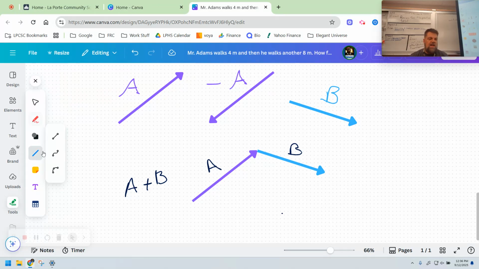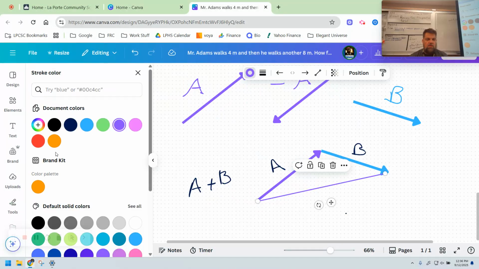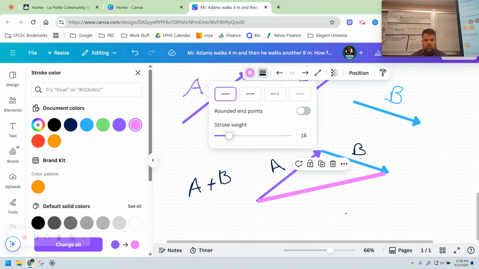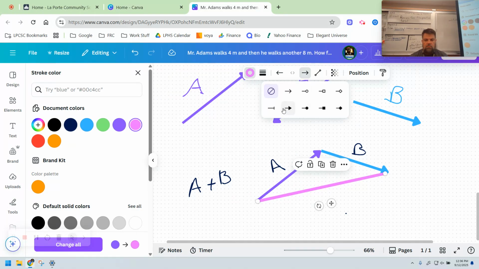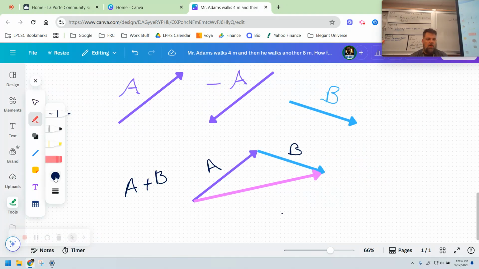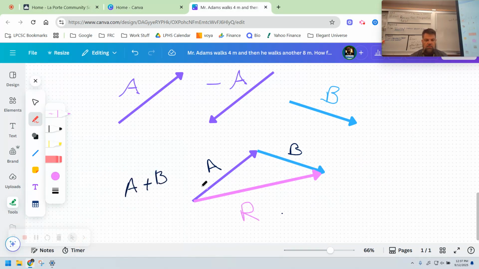Well, the way that I figure that out is we do a thing called the resultant vector, and the resultant vector just goes from the tail to this tip. We usually call it R. So you would call this R. So A plus B equals R.